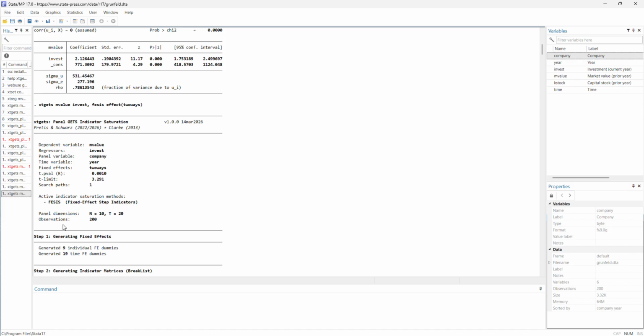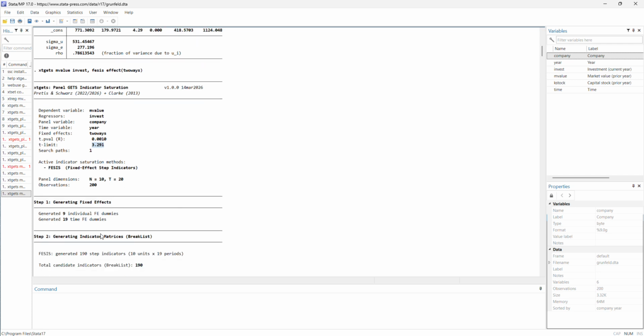It will run for 200 observations, 10 cross sections, and 20 time periods. It uses a p-value threshold of 0.001, and for that the t-value is 3.291. So any cross section and time interaction which has a higher t-value than this is very significant, so it will shortlist it.